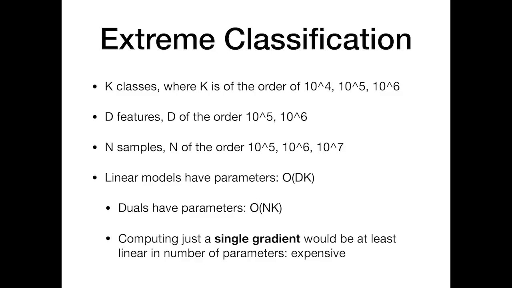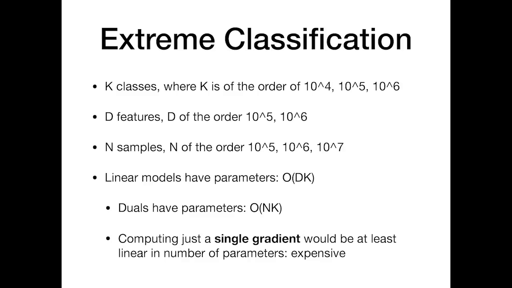My data has capital D features, which could also be of the order of 10 to the 6. So a high dimensional setting, which is not uncommon, especially if you do one-hot encoding of a whole bunch of categorical features. And then you have capital N samples, where N again is of the order of 10 to the 6 or 10 to the 7. These are pretty common numbers, or potentially even larger.